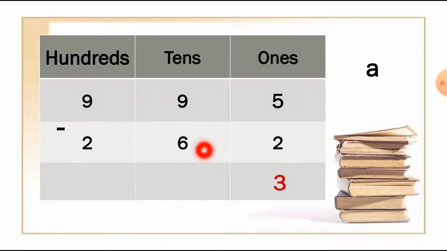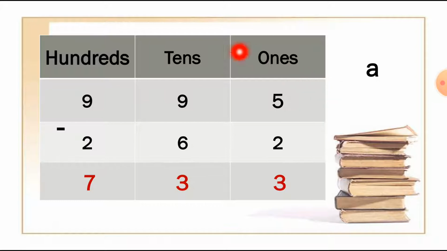So we have to cut 6 from this 9. So 9 minus 6 is equal to 3. So we have to write 3 at the tens column. Now these two columns are complete. So we can move to the hundreds column. 9 minus 2. If we cut 2 from this 9, we get the answer 7.